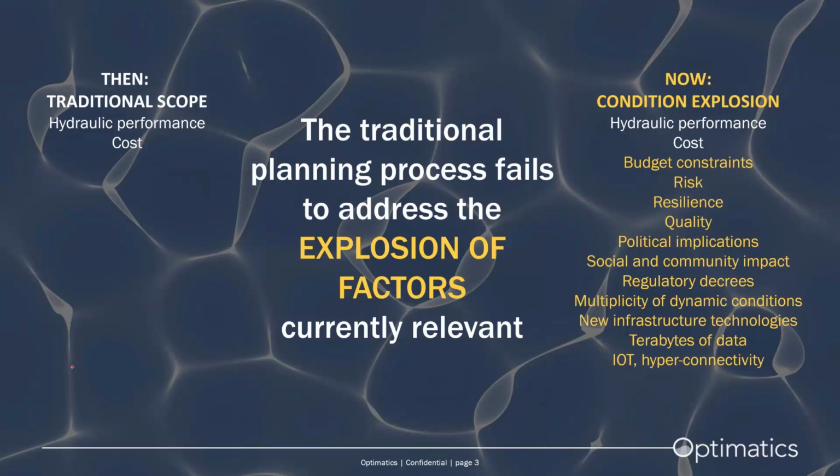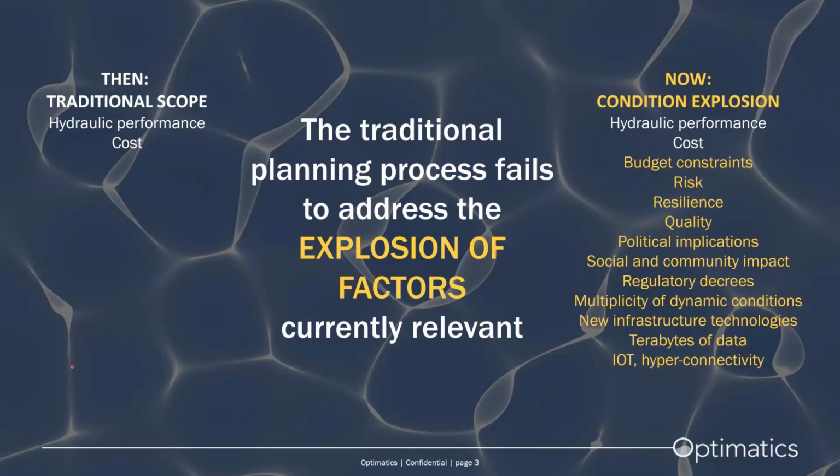The traditional scope sort of fails to address the complex nature of the space in which we need to be making our decisions. On the right, we've got what we're referring to as the explosion of factors that are relevant to our decision-making processes today.